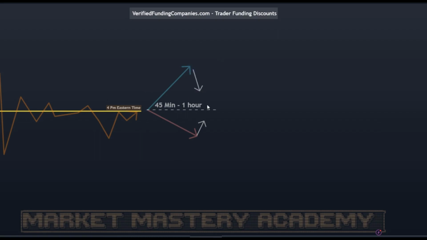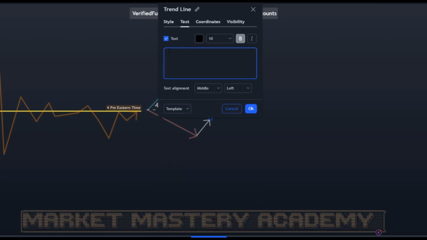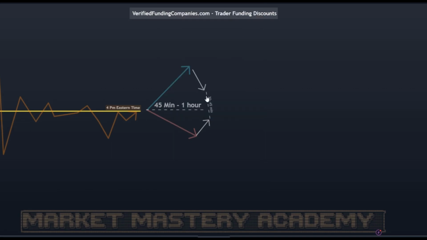You get the reversal, and then you start getting the movement towards it. This inward macro is, let's say, 30 to 45 minutes, somewhere around there, for it to get back to the opening.